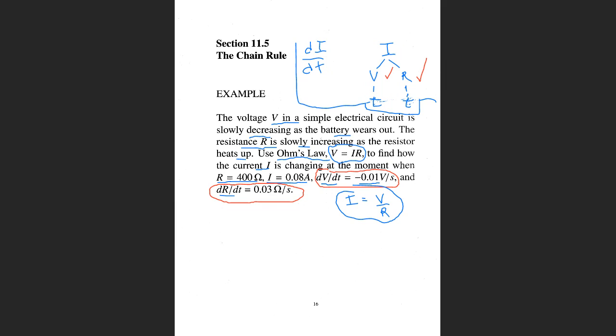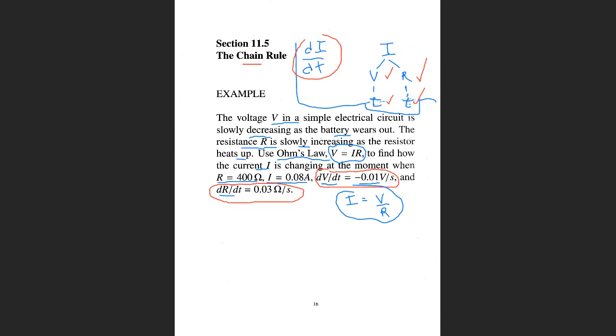If we're looking for the rate of change of the current, that automatically makes this a multivariable problem, because the current I is a function of two variables, not one. But voltage and resistance are themselves functions of time.